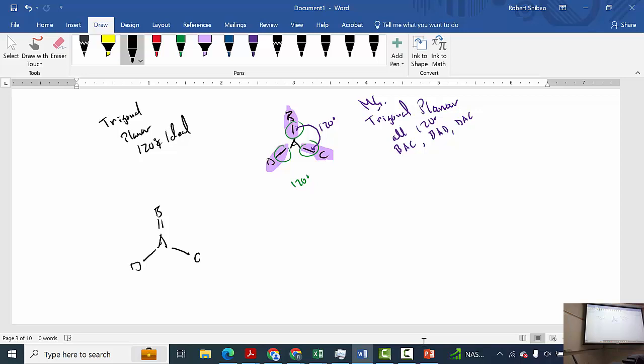An example of that would be, let's make the AB bond a double bond. And the AC will be a single, and the AD will be a single. Now, the EGG will be the same. The EGG is going to be trigonal planar. And the ideal angle will be 120 degrees.